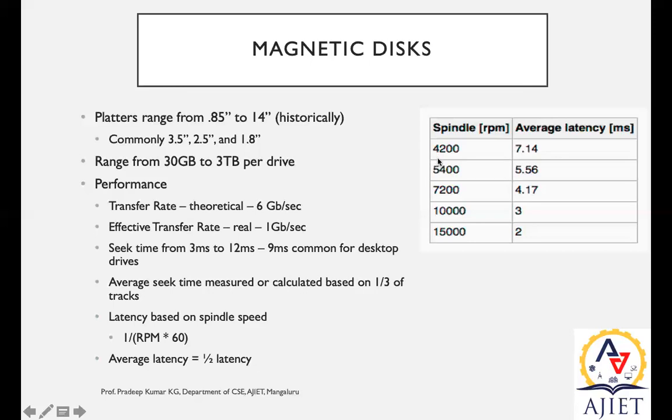For 4200 rotations per minute, we may have an average latency of 7.14 milliseconds. For 5400, 5.56. For 7200, 4.17. For 10,000, 3, and for 15,000, 2. The first column is the spindle rotations.